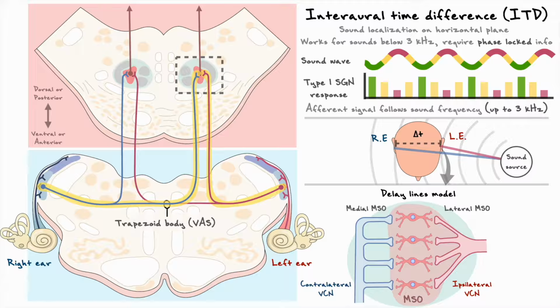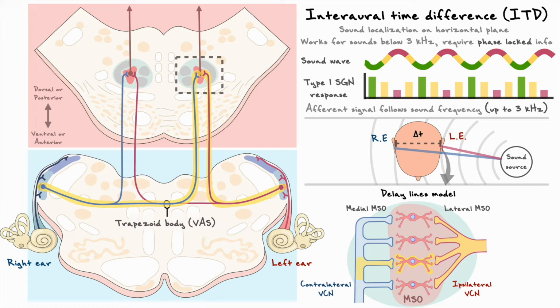Given that the signals are phase-locked, the activation of the ipsilateral branch can miss the activation of the contralateral branch, but as the ipsilateral branch keeps getting activated and the signal keeps propagating in the contralateral branch, there will be an instance where the bipolar neuron in the MSO receives the excitation from both the contralateral and ipsilateral fiber.